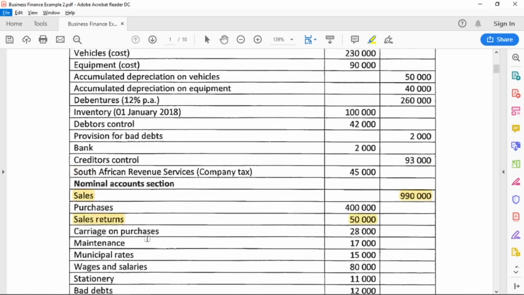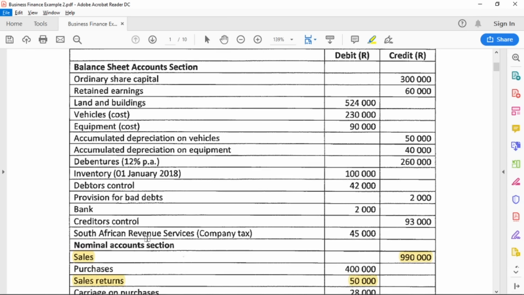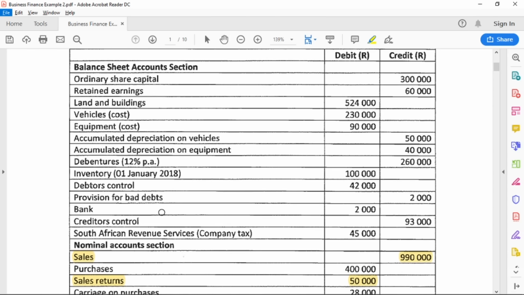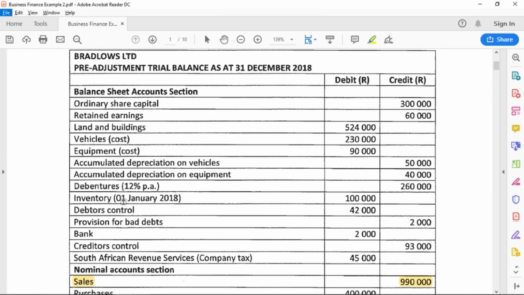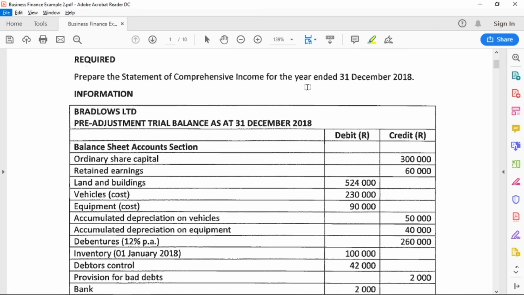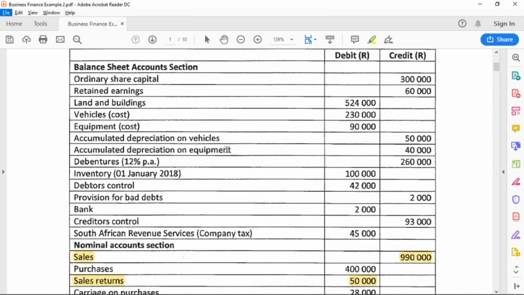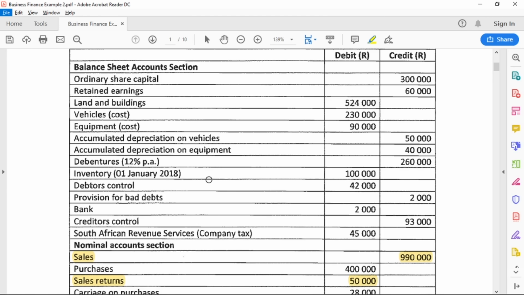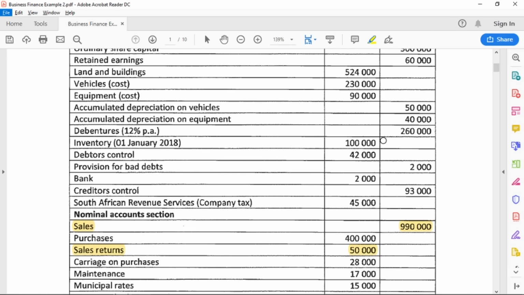But if you know how to calculate your cost of sales, remember we have opening inventory, and that's why I said the dates are very important. We are given inventory here as at the 1st of January 2018. And remember, we are preparing the statement of comprehensive income as at the 31st of December 2018. So this inventory as at the 1st of January is our opening inventory. This is what we had in stock at the beginning of the period, so we have opening inventory of 100,000 rand.